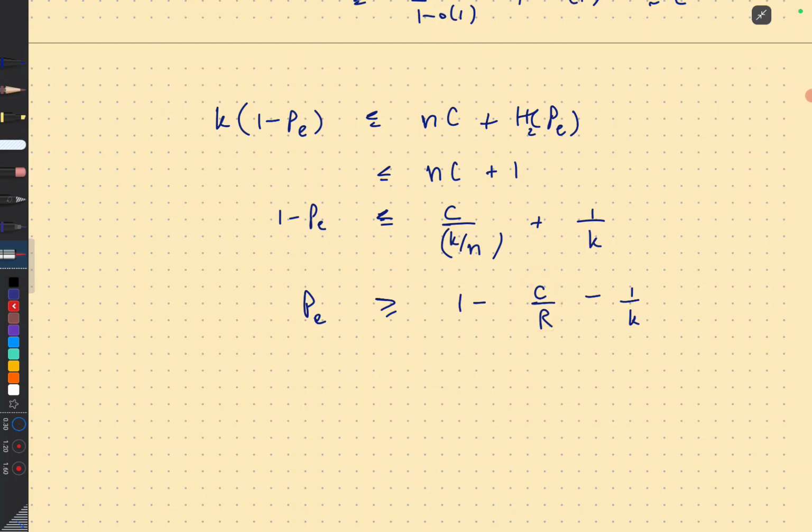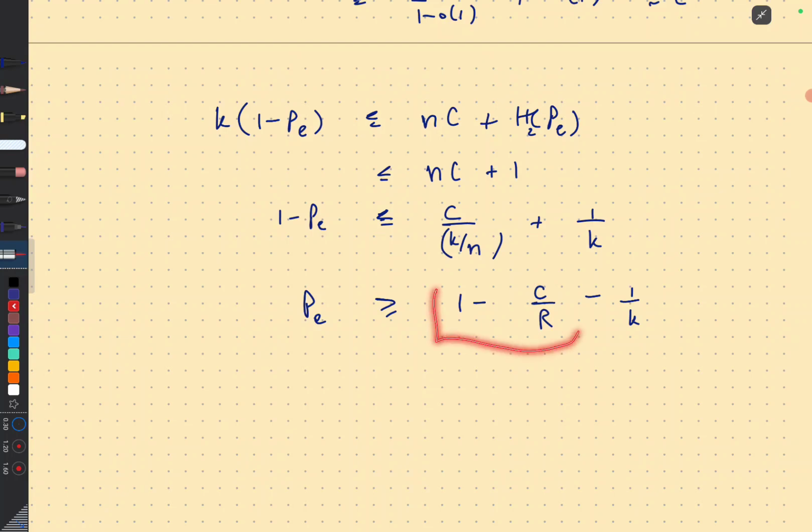But then if you're operating at a rate above capacity, right, then this quantity is strictly less than 1. Let's say that you're operating at a rate such that C by R is, say, 0.1. Okay, or maybe C by R is 0.9.